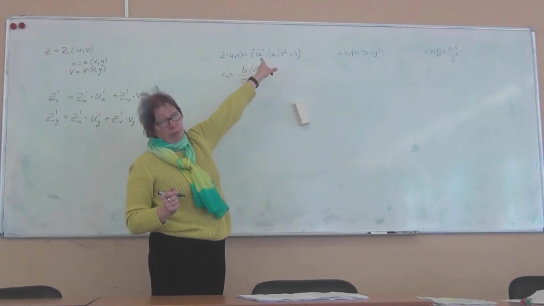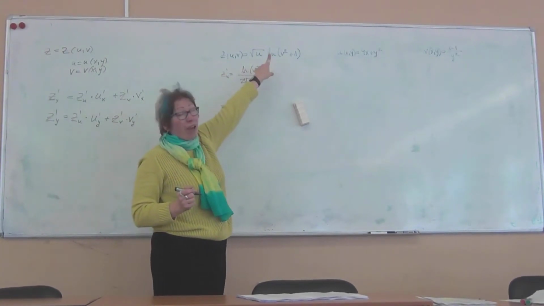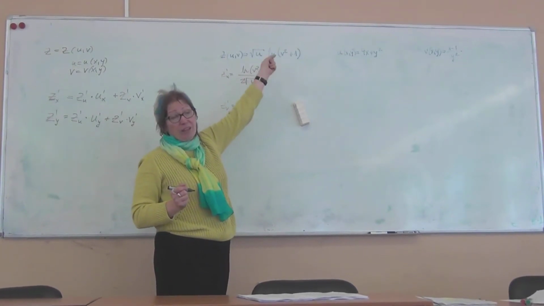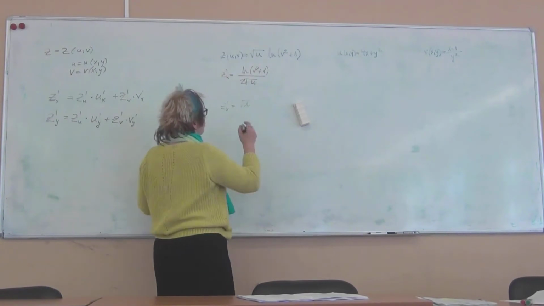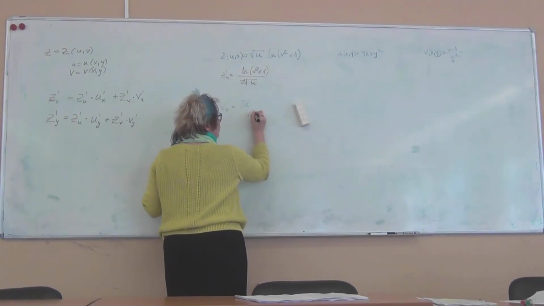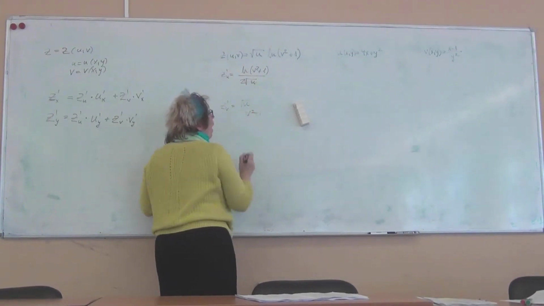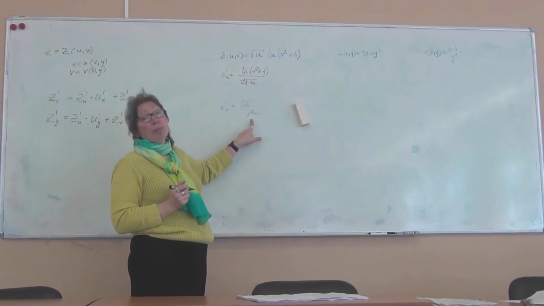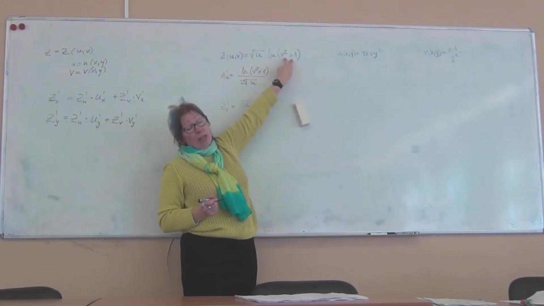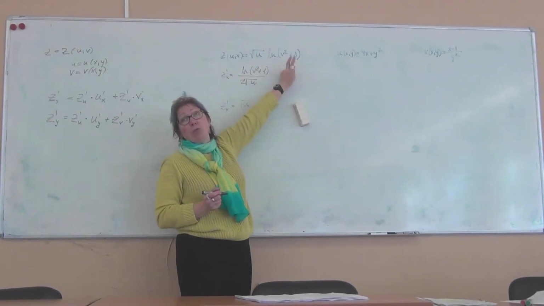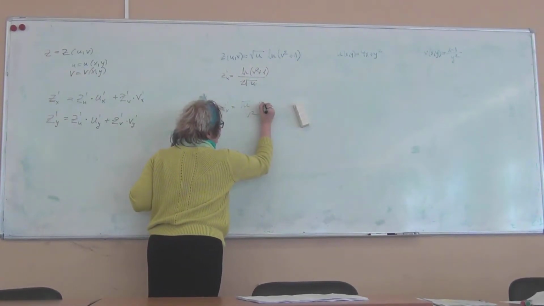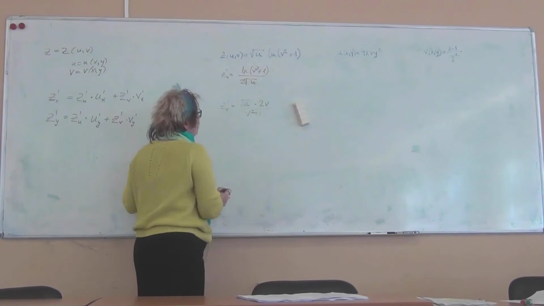Derive natural logarithm. Now, this is also a composite function, but not a very bad composite function. The derivative of logarithm is 1 divided by v squared plus 1. And we need to apply chain rule to derive the inner function by v, that will be 2v, times 2v, like this.